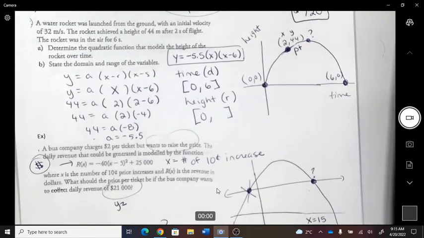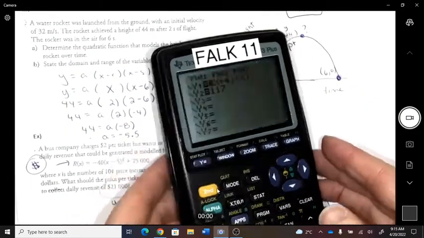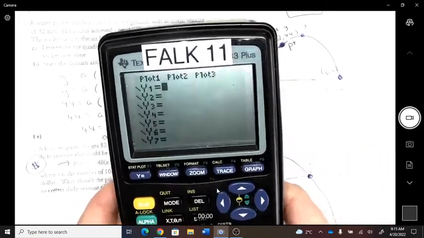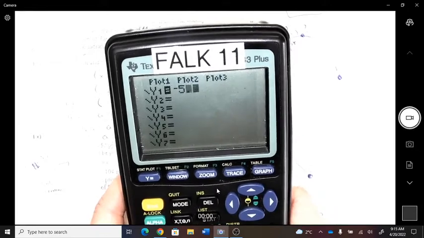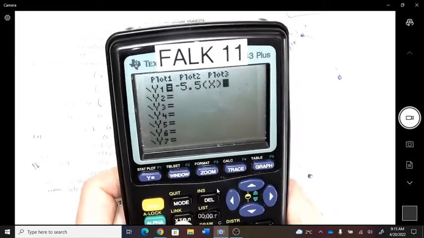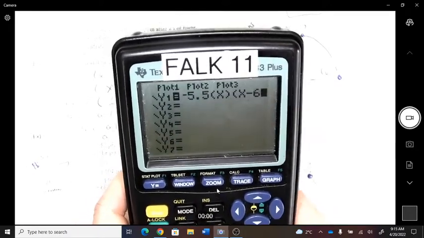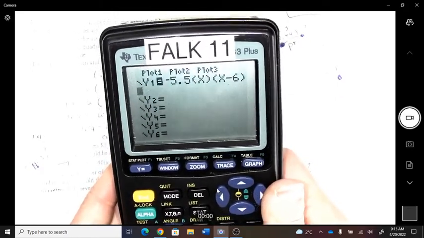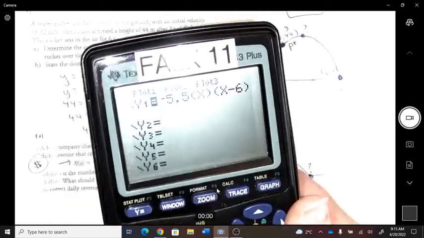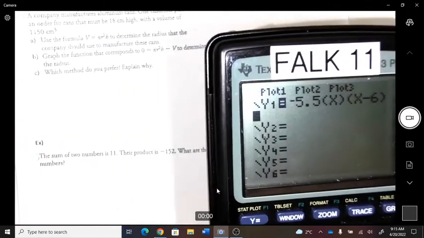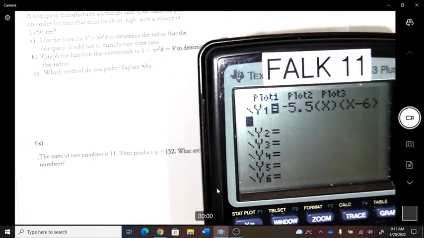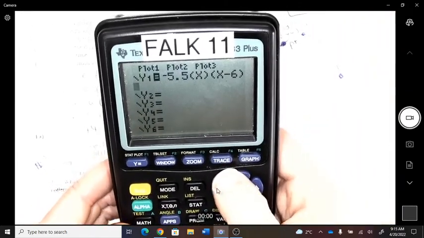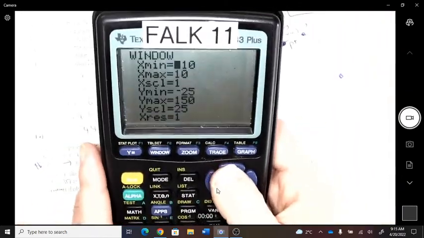So now I'm going to go into my calculator. I'm going to go negative 5.5 bracket x minus 6. Okay, let's think about our window.